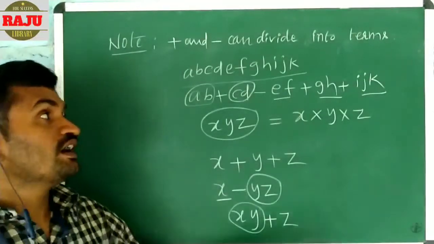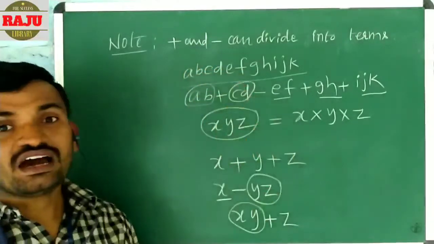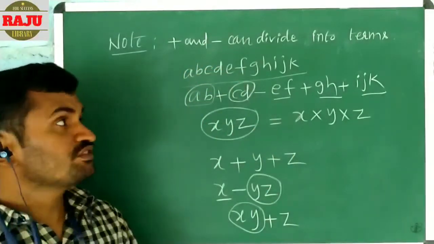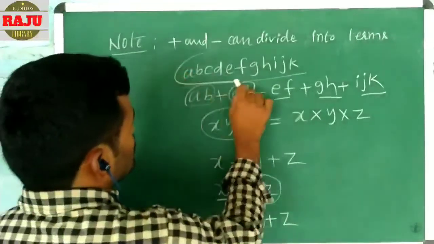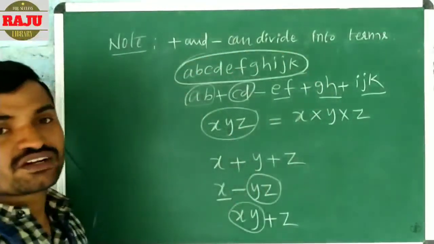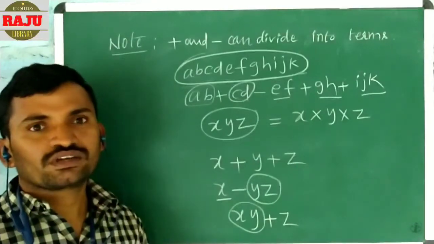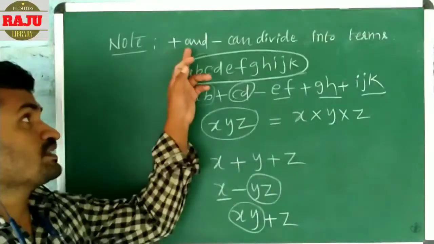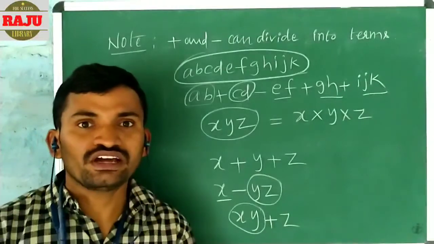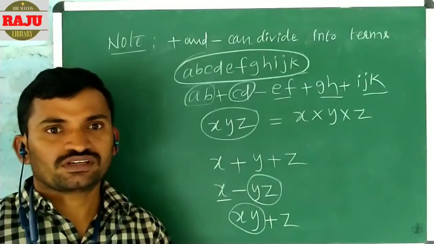Why? Because here plus and minus are dividing into terms. If there is no plus, there is no minus, it means it is only a single term. So students, you please understand, here plus and minus can divide into terms in algebraic expressions. Okay.